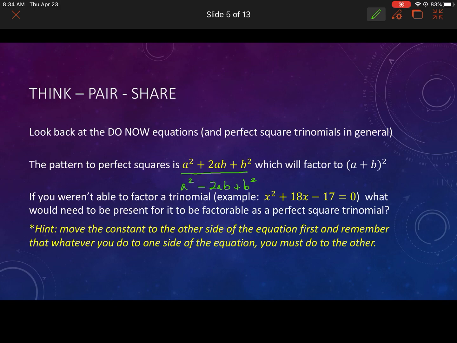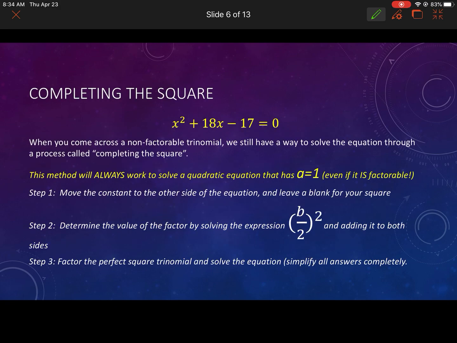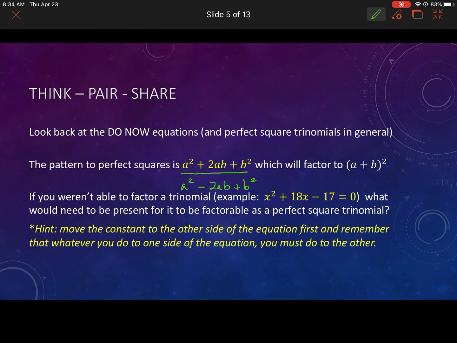How do we make it match that pattern so that it factors down to a plus b squared, or in this case, a minus b squared? We're going to do what's called completing the square. In other words, we're going to force it to match that pattern.